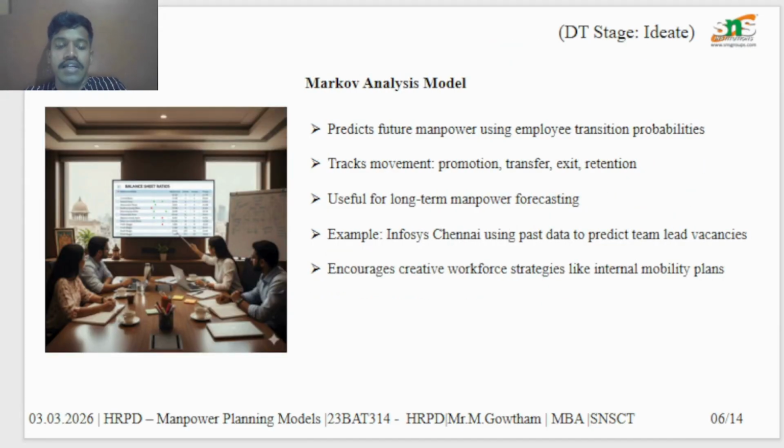Next slide, the Markov analysis model. Now comes the prototype stage, where we test ideas, and that's where the Markov model fits in. These models use probability to predict employees' movement, like promotions, transfers, or exits.